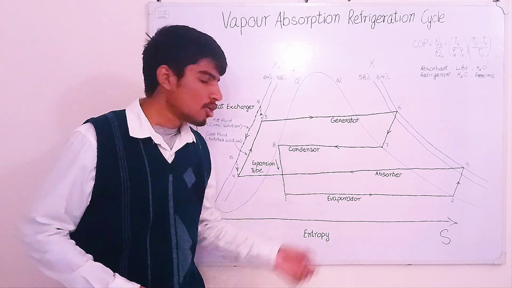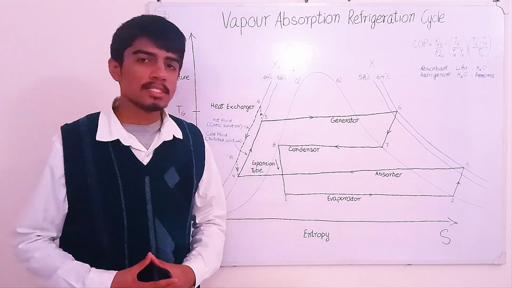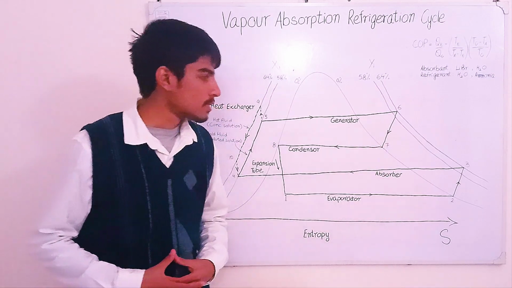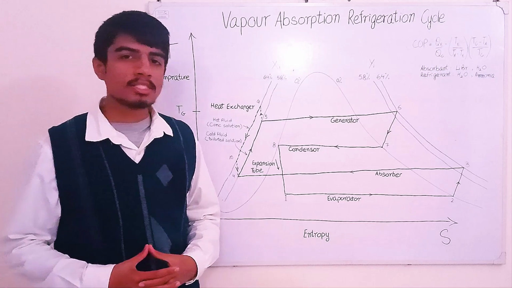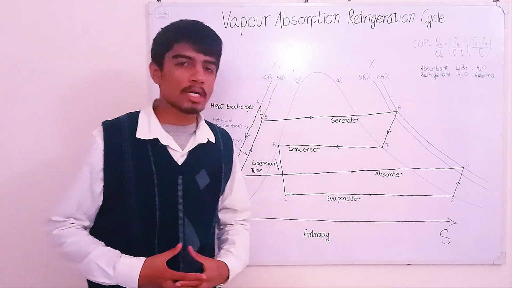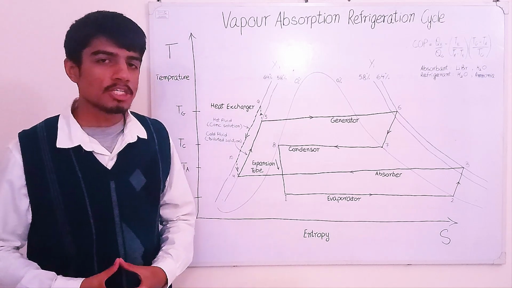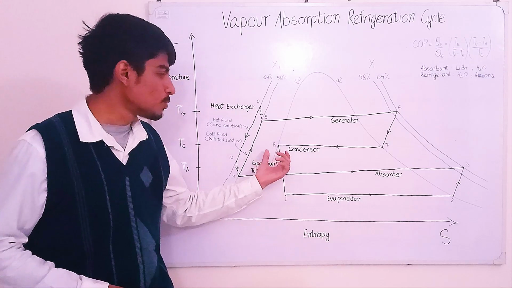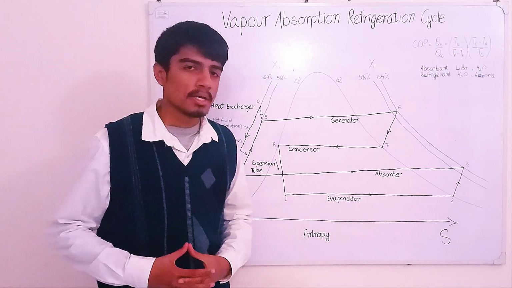In the condenser, cooling water is circulated inside the tubes while the refrigerant enters the shell. As a result of heat exchange, the refrigerant rejects its heat to cooling water, due to which it changes its phase from superheated vapor state to saturated liquid state.